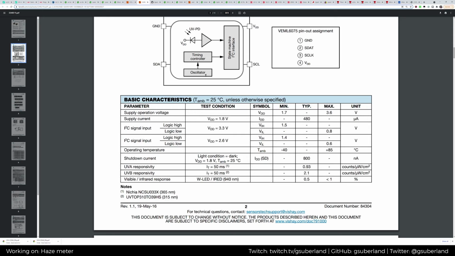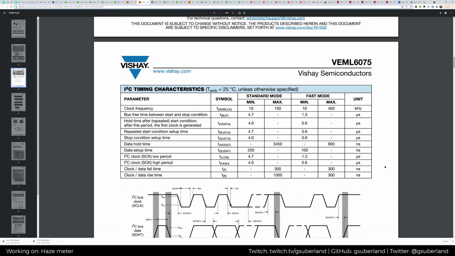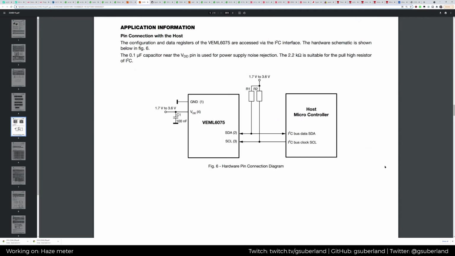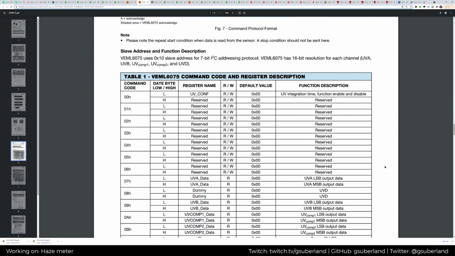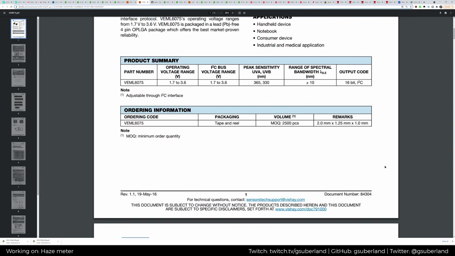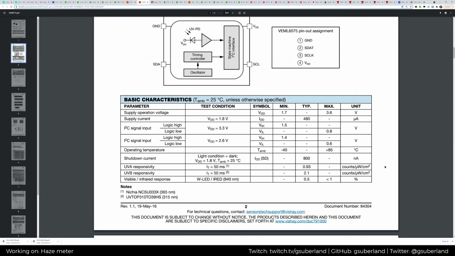Okay, so 2 counts per microwatt per centimeter squared. Huh. So this is actually fairly sensitive. And I believe a count is... No, I'm not sure actually.